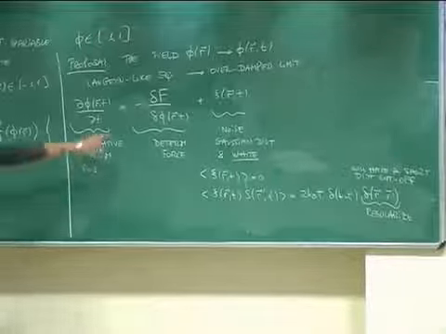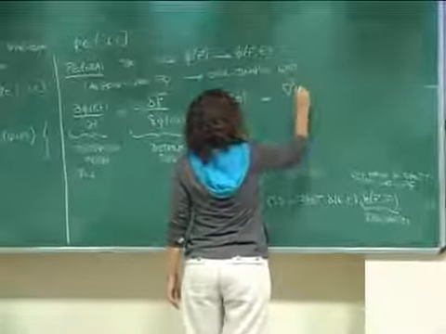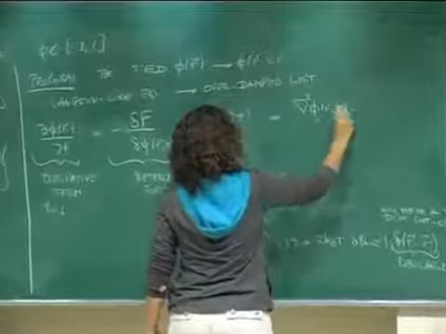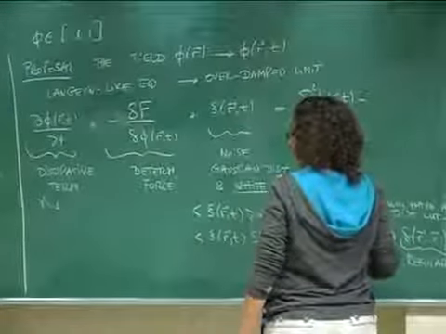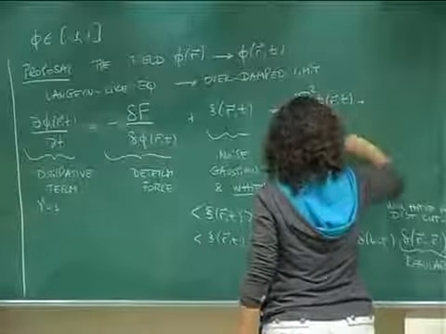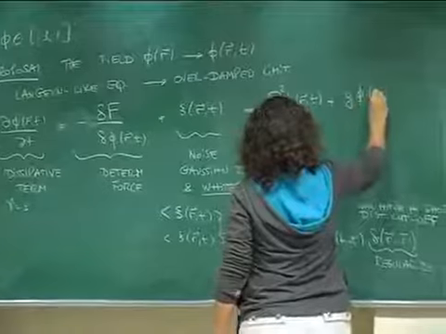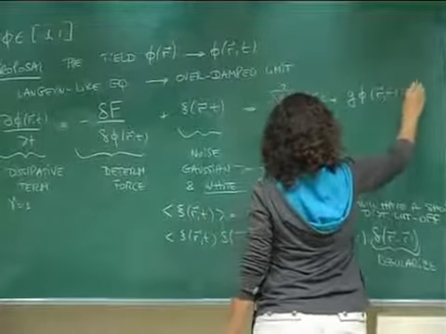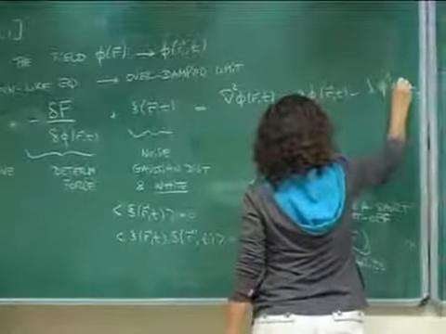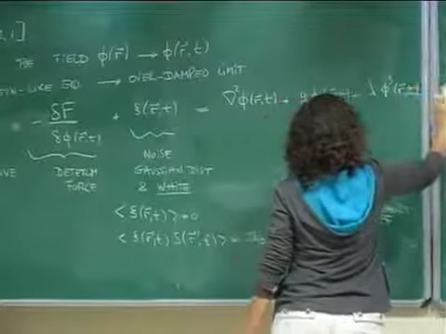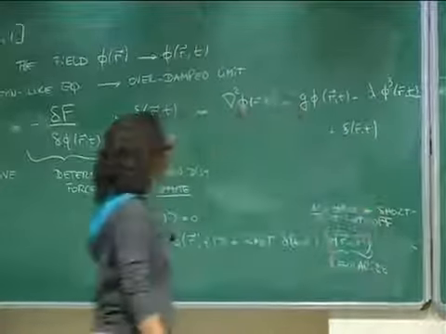Now, if I write down explicitly what this deterministic force is, I take the variations and I will get this thing here. So I will get plus phi, minus lambda, plus psi over RT.